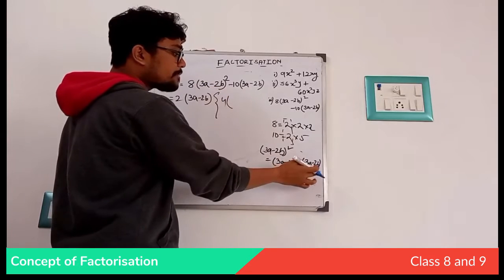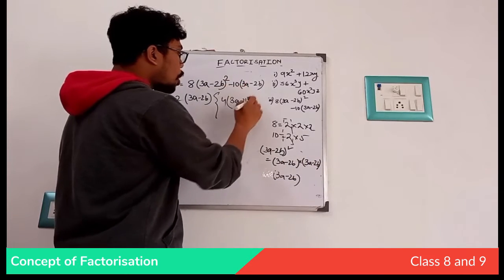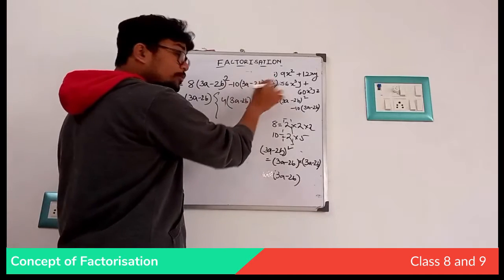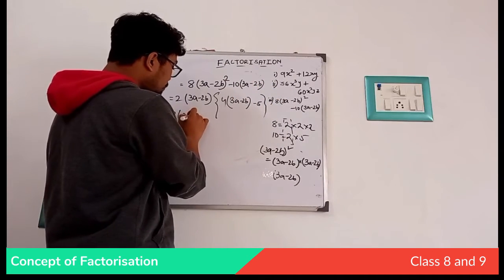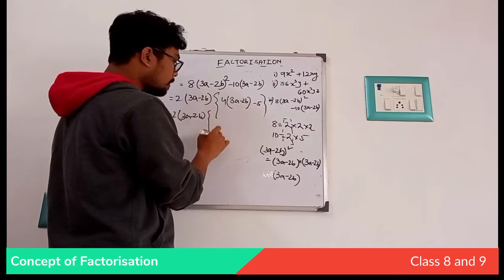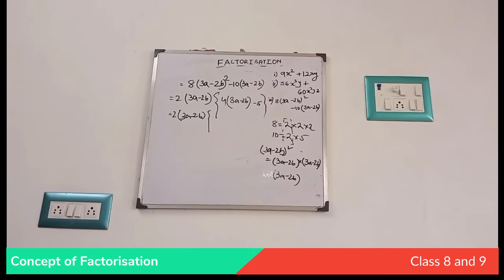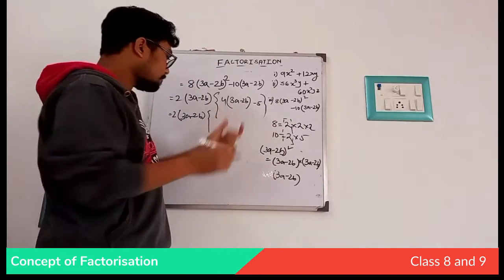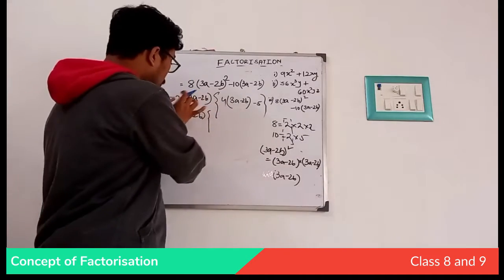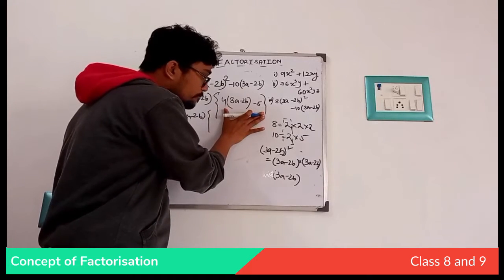The common part, the remaining part, is one (3a minus 2b). And here only minus 5, because this is taken out from this expression. So what is the remaining factor? 2 into (3a minus 2b) into [4 into (3a minus 2b) minus 5].